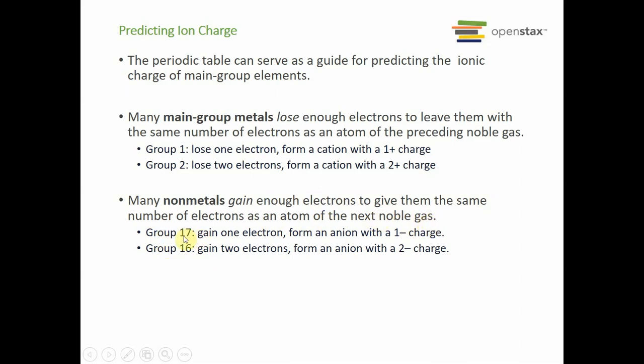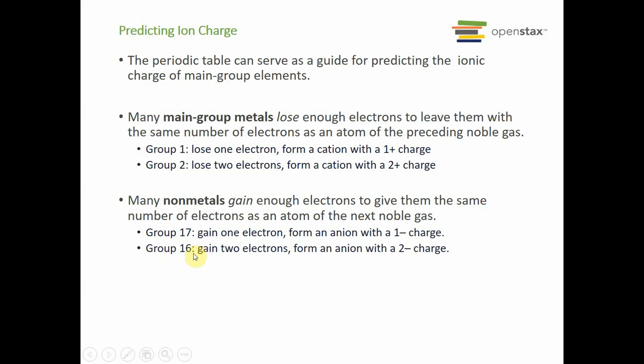Group 17, which is the halogens, gain 1 electron to form an anion with a 1- charge. This would be fluorine, chlorine, bromine, iodine, and those are the only natural ones.